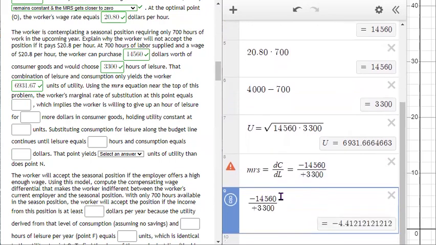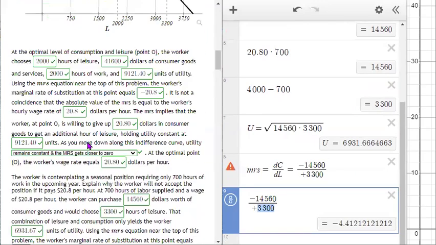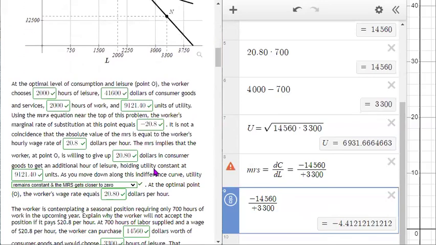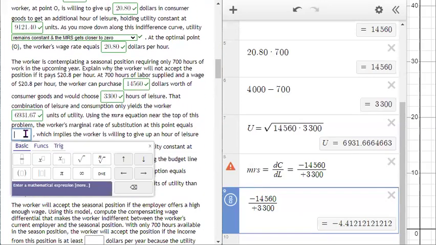All right. So if I divide the new consumption level by the leisure level, I only get a marginal rate of substitution equal to a negative 4.41.